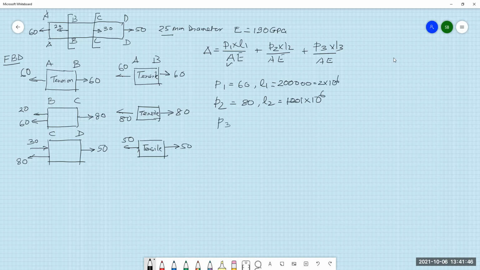P3 is equal to 50 kilonewton and L3 is given as 3 meter, 3 into 10 to the power 3 millimeter. If you put all these values, and the area will be pi by 4 into 25 millimeter diameter whole square, then multiplying and adding, the total elongation delta will be 3.75 millimeter.